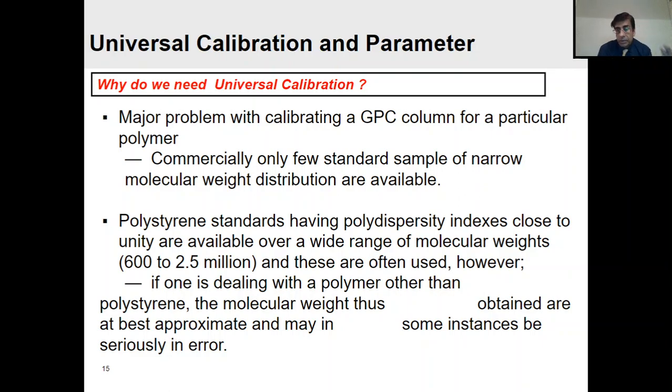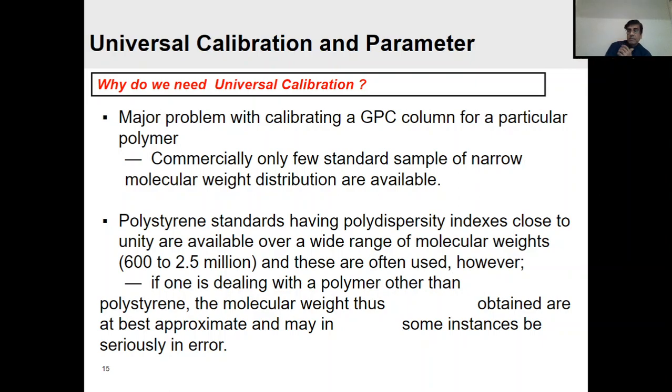But as I told you, standard materials are very rarely available, because we need a low polydispersity index polymer, very close to 1, and only polystyrene, and in some cases polymethyl methacrylate, are available. So usually we get the molecular weight of other polymers in comparison to the polystyrene standard.